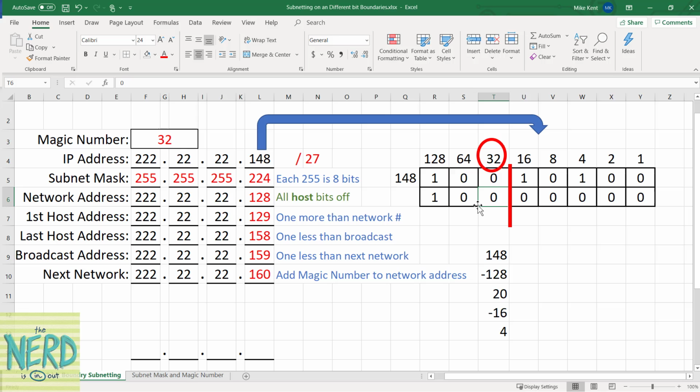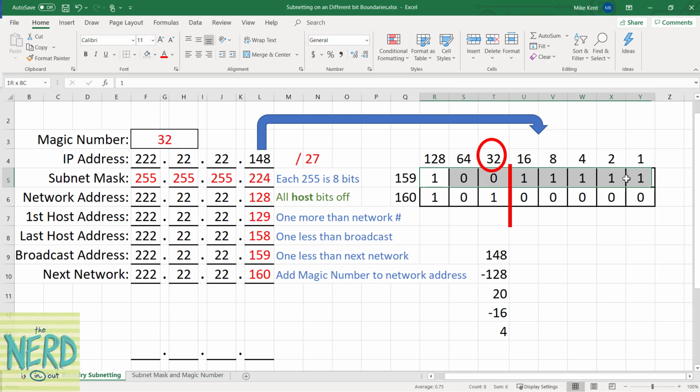160 is going to be this. Here, this is network 128. If I was to just look at the network bits, this is network 128. If I turn on these bits right here, if I add 32 to it, that's going to give me 160. So my next network is 160 because it no longer has the network bits 100. Because the broadcast for this network is 159, which would be 100, and then all of these are turned on.